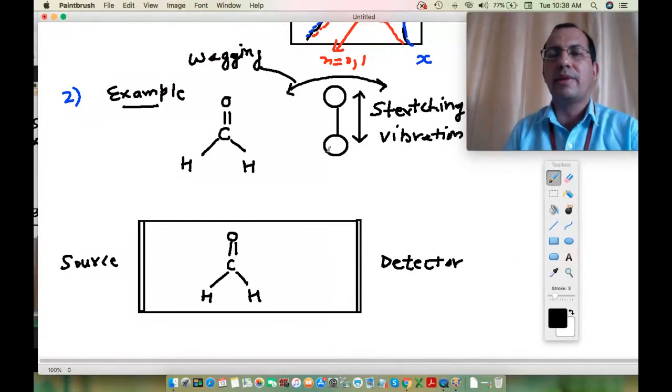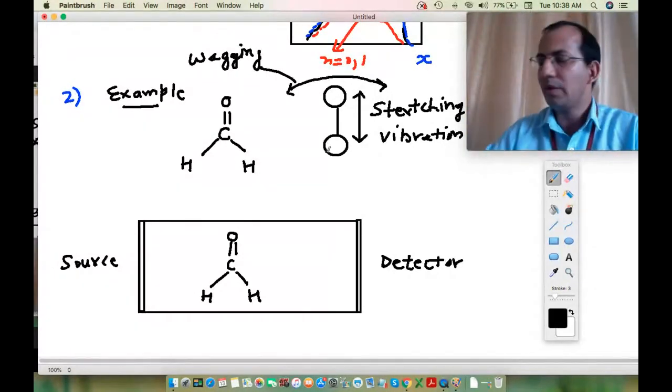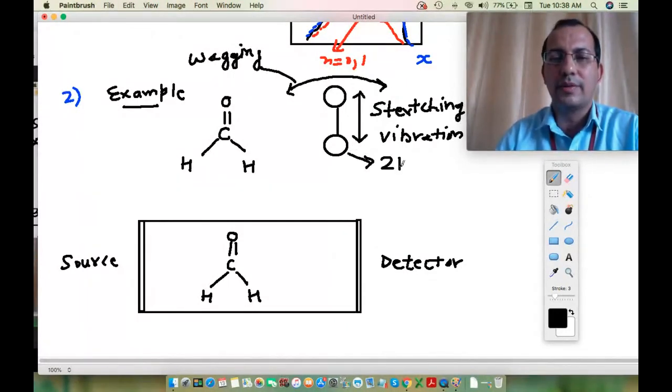The frequency of the vibration, 1 hertz or 2 hertz, depends on how it stretches and vibrates. So for simplicity, let's say the frequency of vibration stretching is 2 hertz.